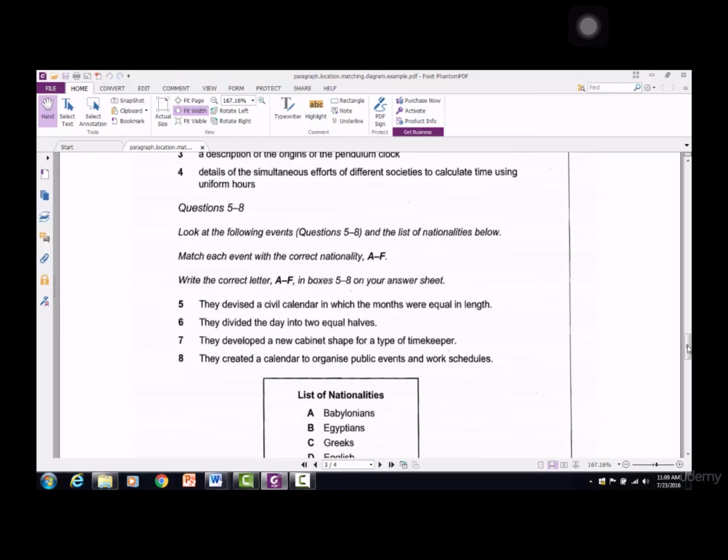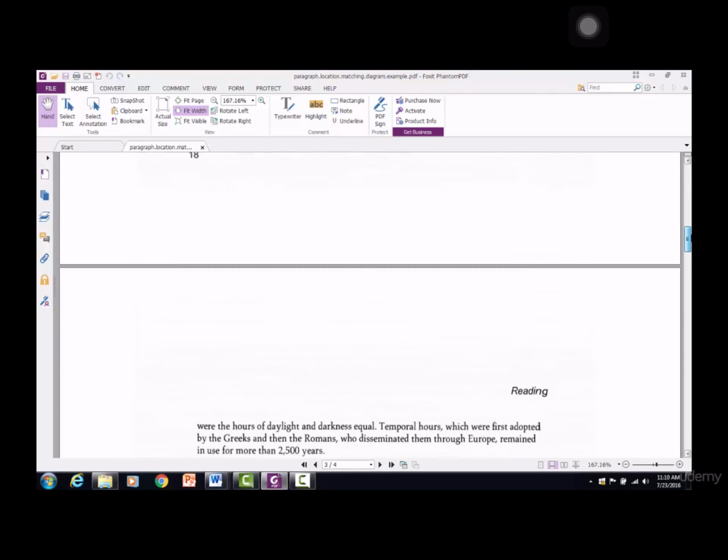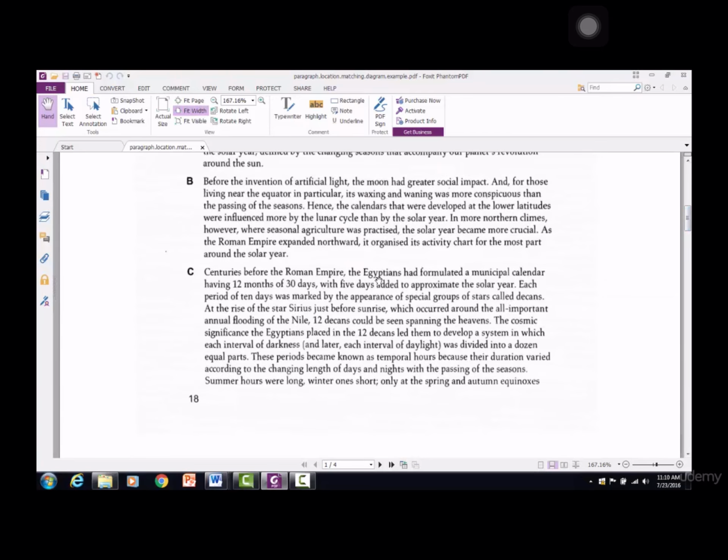All right. So now let's look and see what it says for Egyptians. All right, here's Egyptians right here. So the Egyptians had formulated, here in paragraph C, first sentence, a municipal calendar having 12 months of 30 days, with 5 days added to the approximate solar year. So they had 12 months of 30 days.